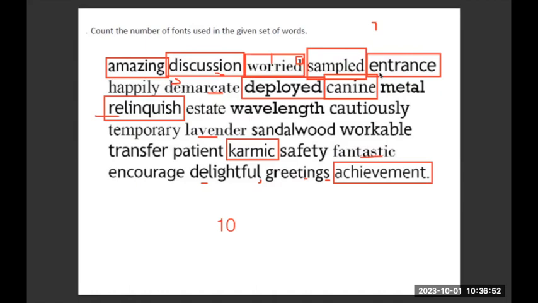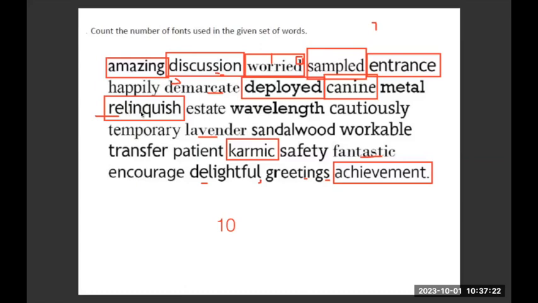E-N-T-R. Yes. They are similar. Sorry. They look similar for me. Entrance and relinquish, they look similar. R is similar. E is similar. L, I is not there.